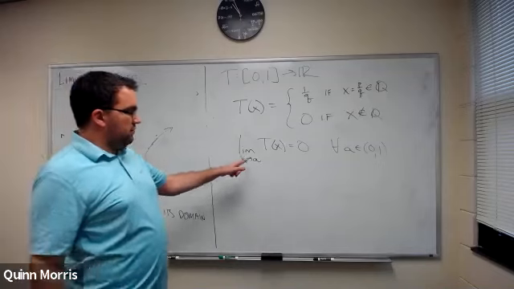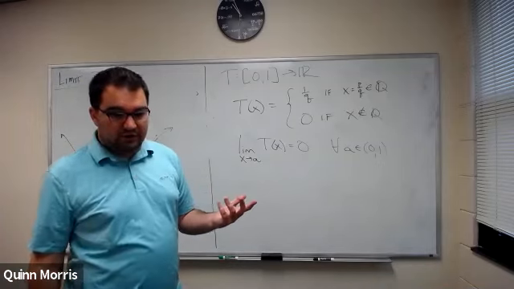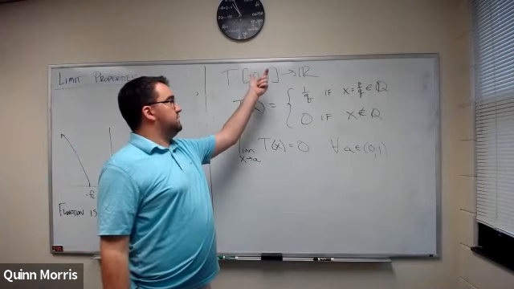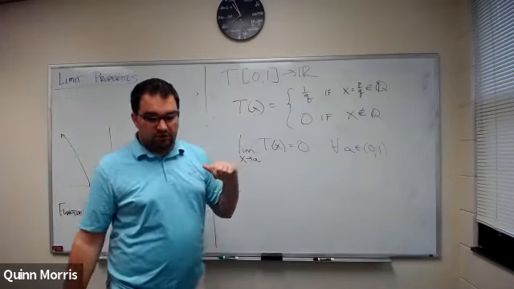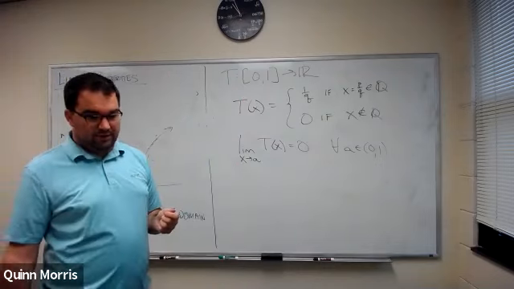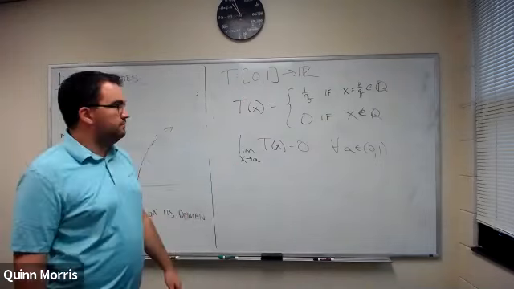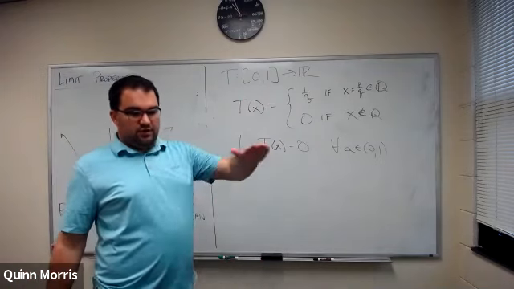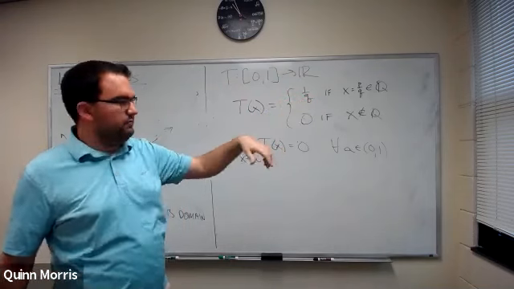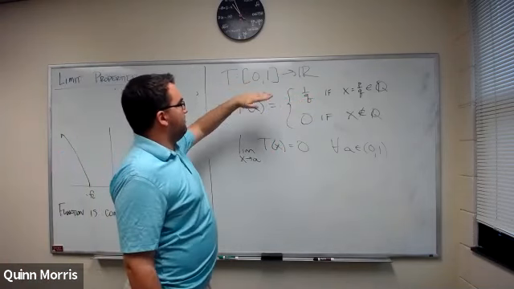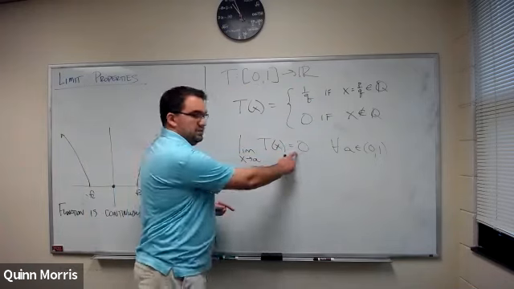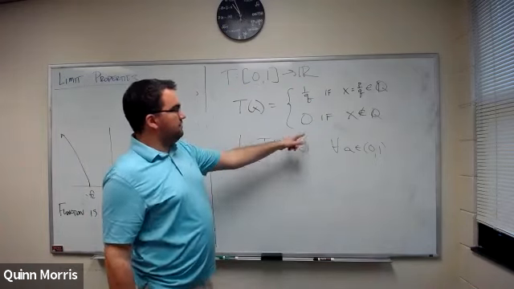So a couple of things here. If I want to think about continuity of this function, the first is to notice that the domain of this function is the closed interval 0, 1. That means every point is an accumulation point of the domain. There are no isolated points of the domain. So when I'm thinking in terms of continuity, I don't get anything for free from something being an isolated point of the domain. That means my function will be continuous everywhere where my function value is equal to this limit. Well, where is my function value equal to this?